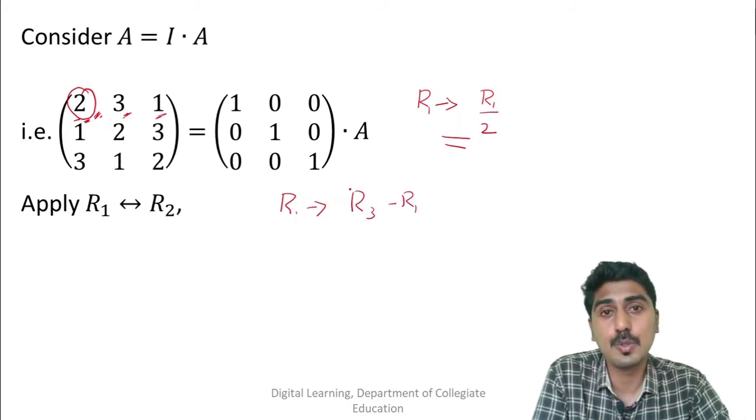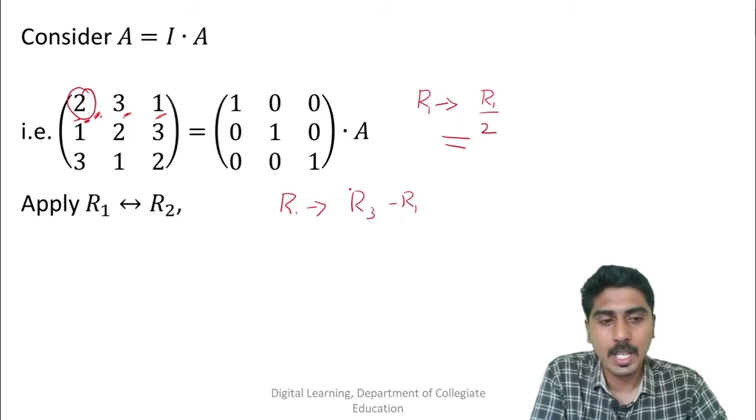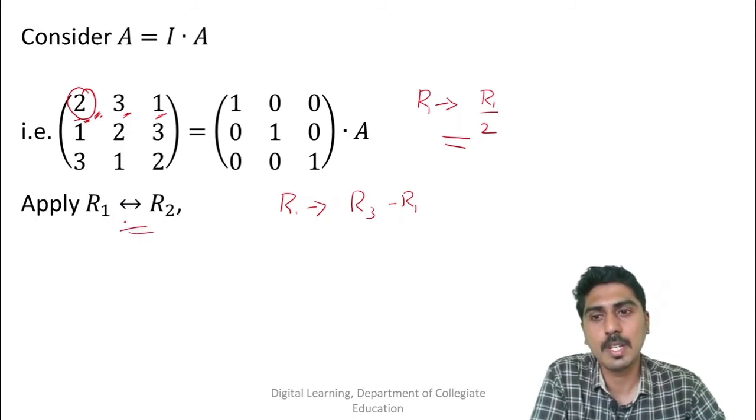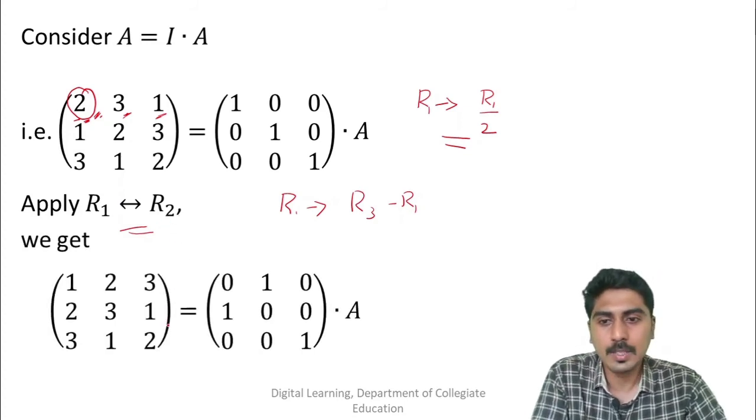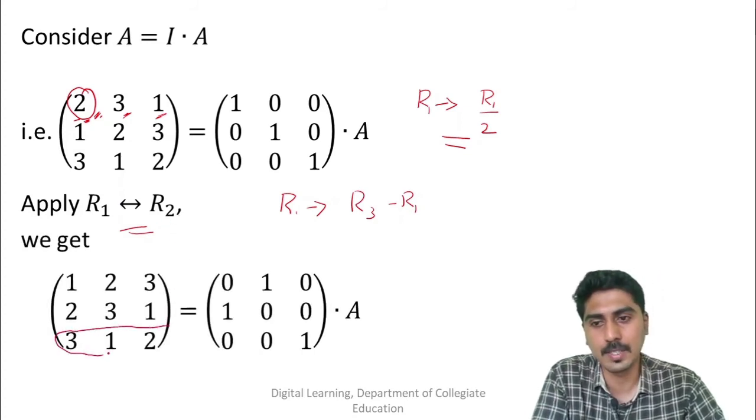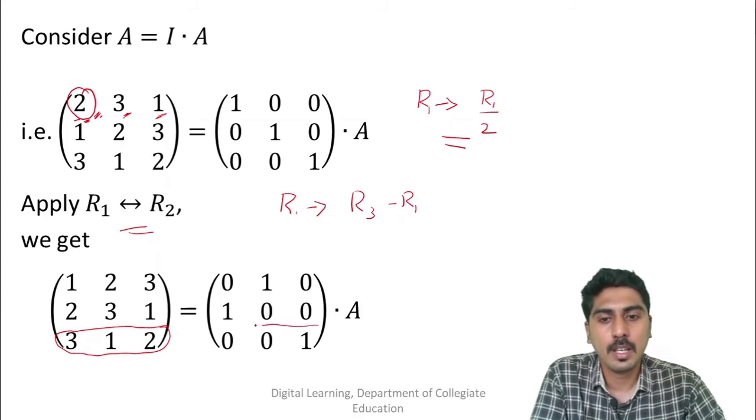The idea is to avoid fractions as far as possible. Here I am applying R1 interchanges with R2. R3 is unchanged, so write it down as it is. Interchange row 1 and row 2, you get this relation.